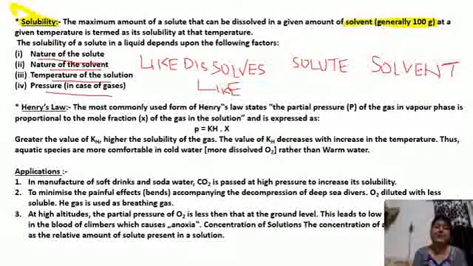ठीक है। For example, मैंने आपको बताया था types of solution में saturated and supersaturated solution। Supersaturated के case में क्या होता था, when we increase the temperature, हम उसमें solute की और quantity को add कर सकते हैं, we can add more solute in the solvent. ठीक है। So when we increase the temperature of the solution, the solubility gets increased, while in case of gases, with the increment of pressure, the solubility also gets increased.